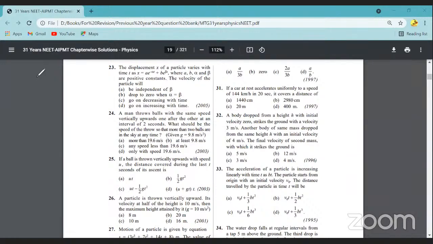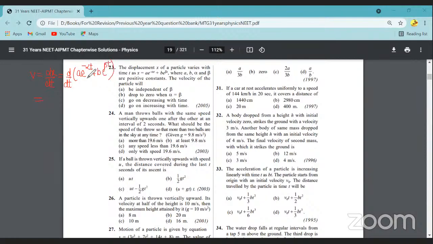Okay, चलो velocity निकाल देते हैं. So velocity is how much? dx by dt. So how much it will be? ये है d by dt of कितना? a into e to the power minus alpha t plus b into e to the power beta t.